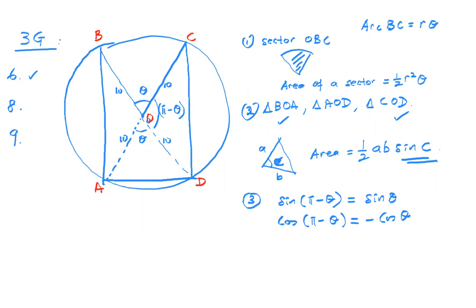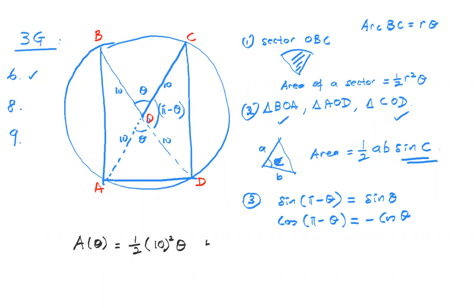Let me show you. So the total area, okay, this one in black. So total area in terms of theta is equal to the area of the sector, half R square theta. Habis cerita.